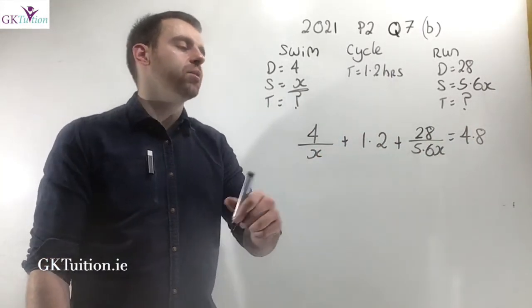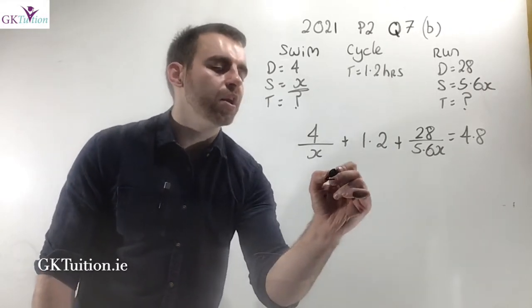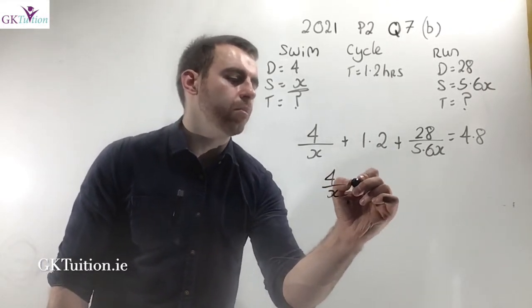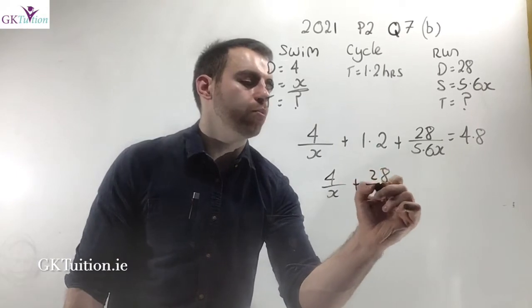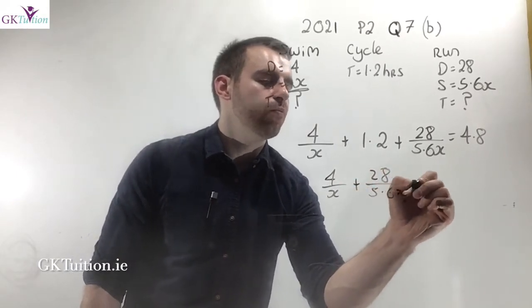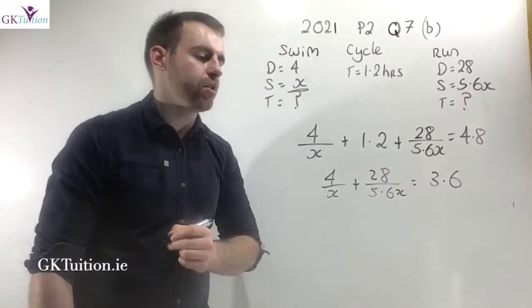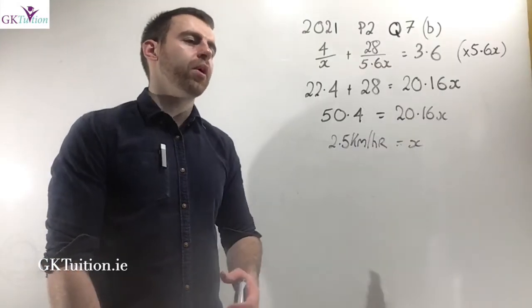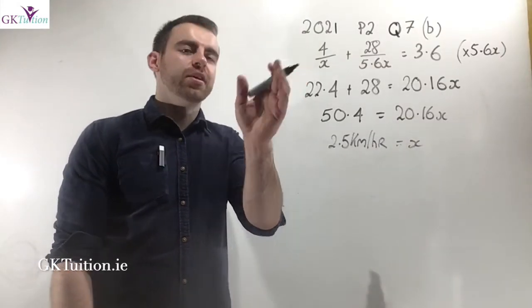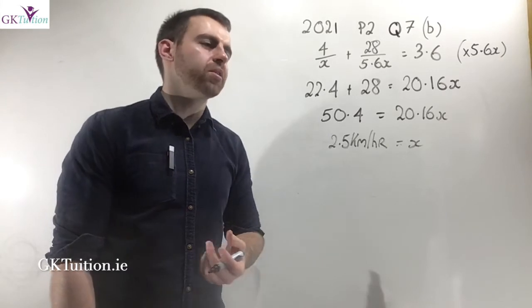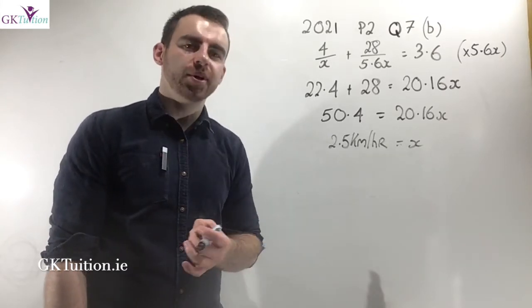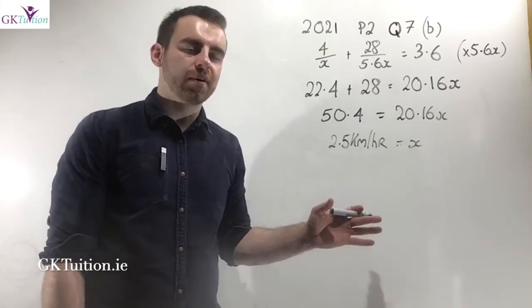Now, the first thing we might do is subtract 1.2 from both sides, just to get rid of that extra term on the left. If we subtract 1.2 from both sides, 4.8 minus 1.2 is 3.6. So we're left with an equation now, and the main concern here is the presence of the fraction. So I decided to multiply everything by 5.6x. That gets rid of all of our fractions.